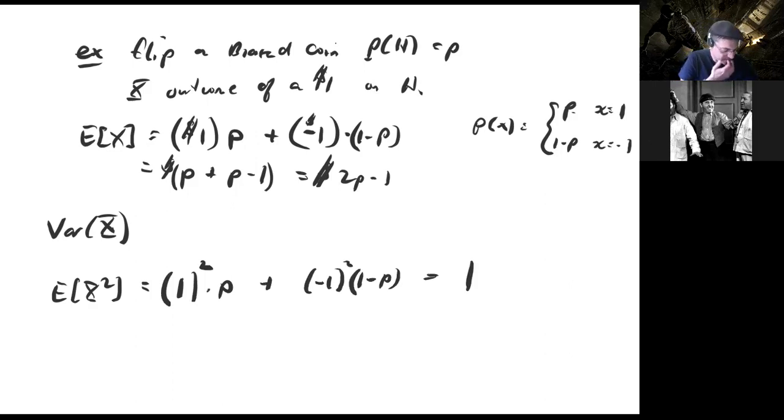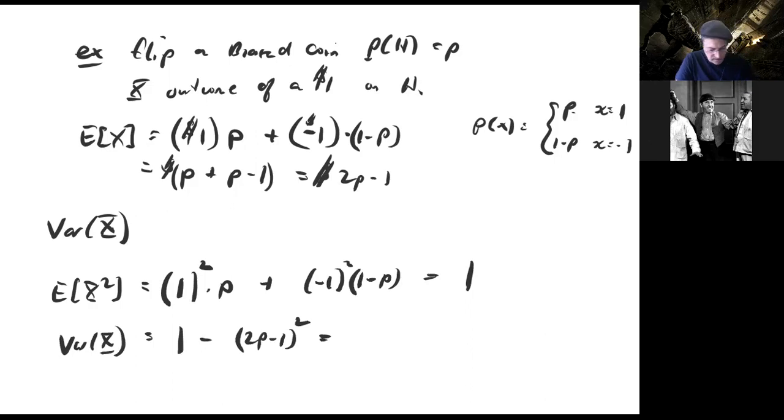So that's that. And we know what the mean is, so therefore the variance of X is the expected value of X squared, which is 1, minus 2P minus 1, quantity squared.